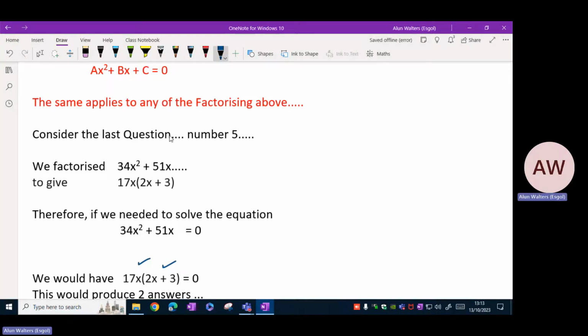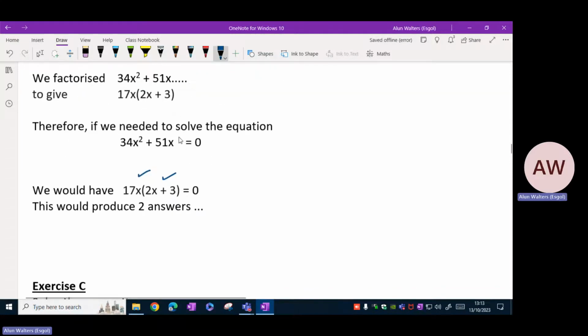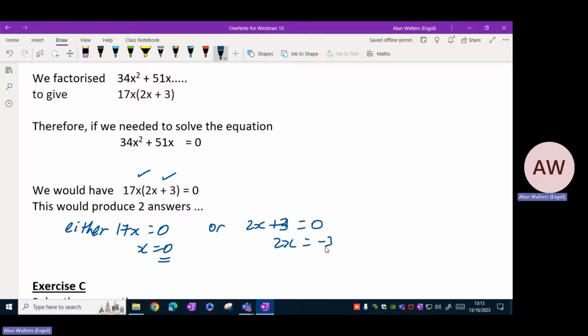And then you're going to have two answers, because you're either saying that 17x, what's outside the bracket, equals naught, in which case x equals naught, or the bracket equals naught. So 2x is -3, so x is -3 over 2.